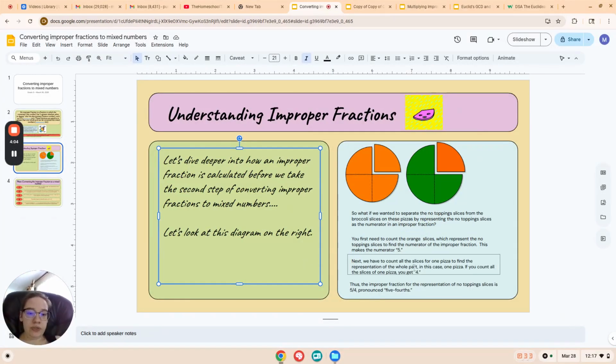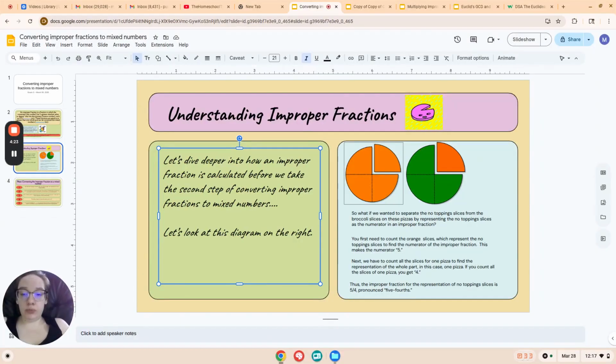Next, we have to count all the slices for one pizza. We don't have to say two pizzas, because if we did that, we would be representing the whole number as all the parts. We want the general part.